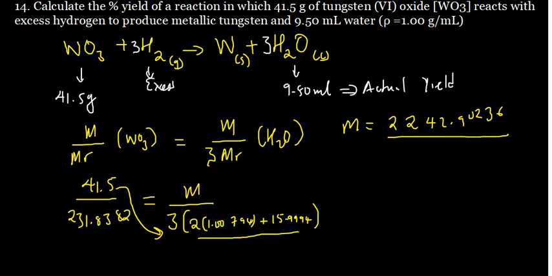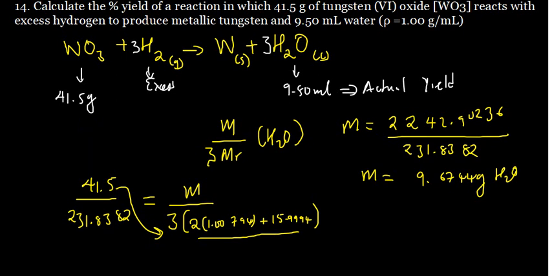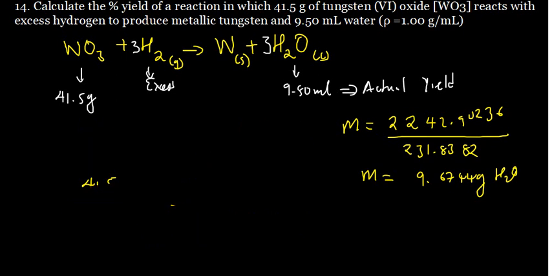So that is going to be in the denominator, that is 231.8382. So the mass of water that has been produced, divided by 231.8382, is going to be 9.6744 grams of water.